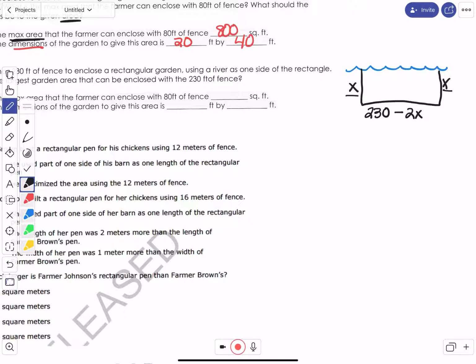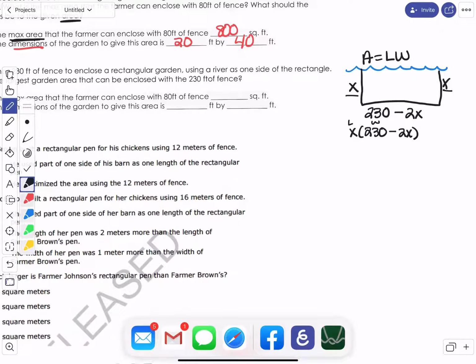There's two sides, 230 minus those two sides. And if you're doing area, it's x times 230 minus 2x because, remember, area is length times width. There's your length and your width right there. We'll type that into Desmos.